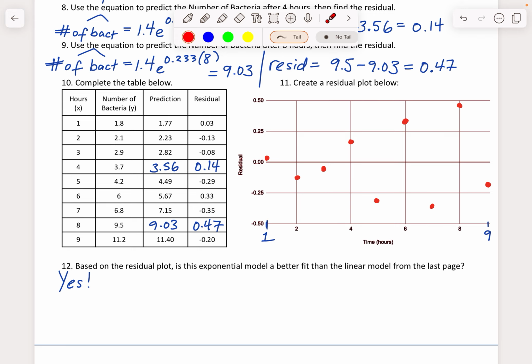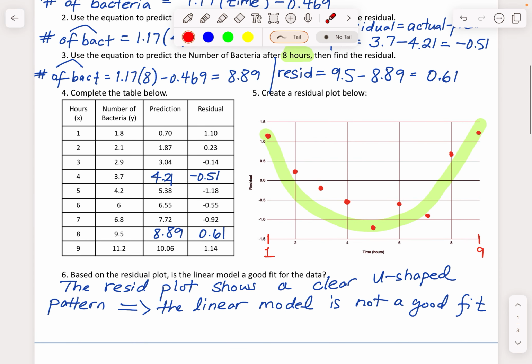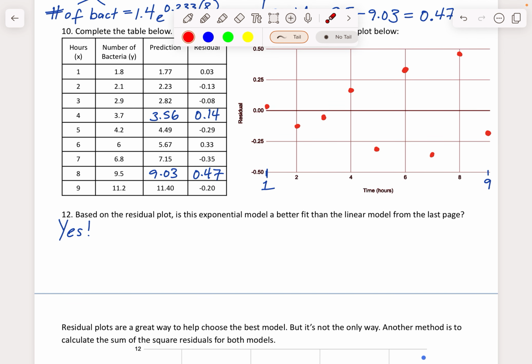But overall, when I'm looking at this residual plot, this is way more randomly scattered than this one. In this one, we have this clear U-shaped pattern. In this one, it kind of looks basically random scattered. We have some points above the line. We have some points below the line. It's a lot better.